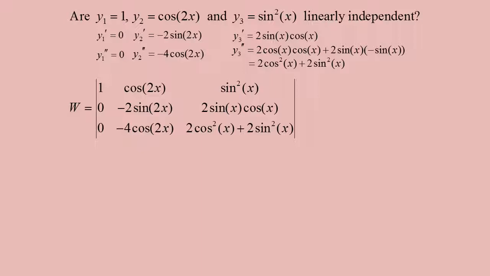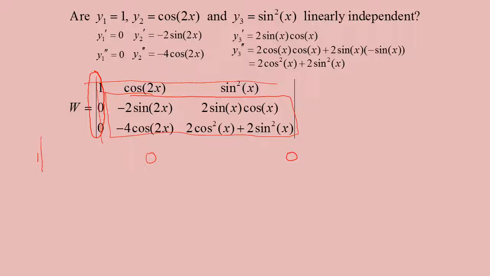However, we can expand this determinant about this first column by writing down the 1, 0, and 0, and then eliminate the row and the column where the 1 is, and write down the remaining 2 by 2 determinant.